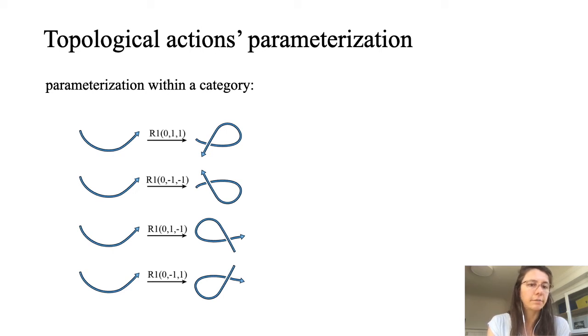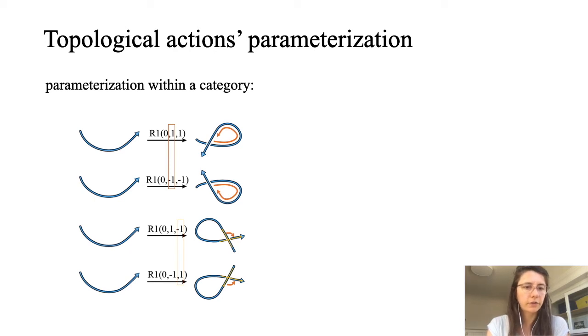Here I draw some examples, and the 4 actions on the left are all R1 actions, so Reidemeister move 1. The first parameter here is all 0, which indexes which segment is used to form a new intersection. The second parameter is the direction of the new loop shown on the top. The third parameter is the sign of the intersection shown on the bottom.